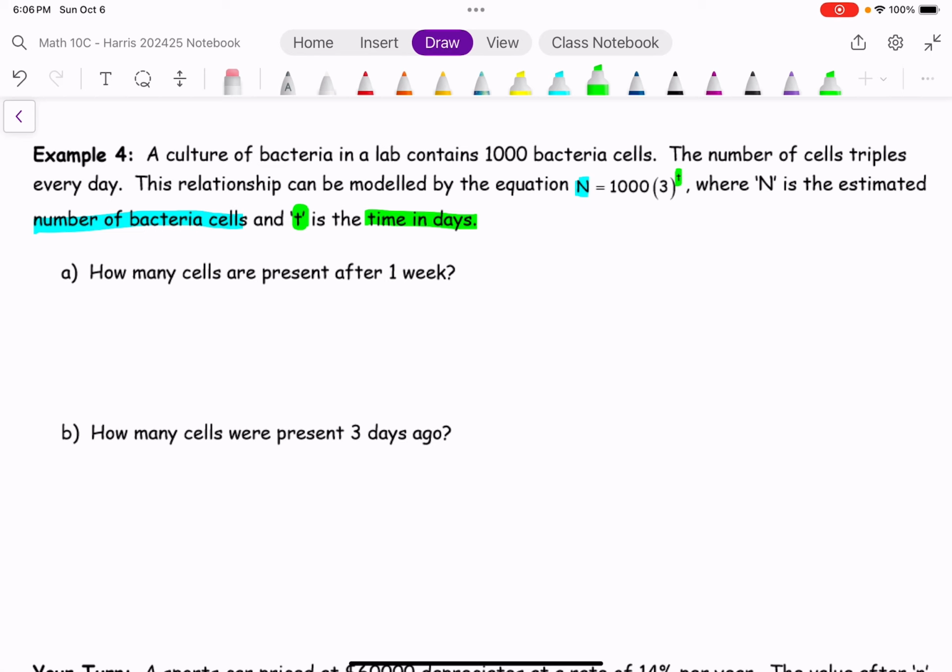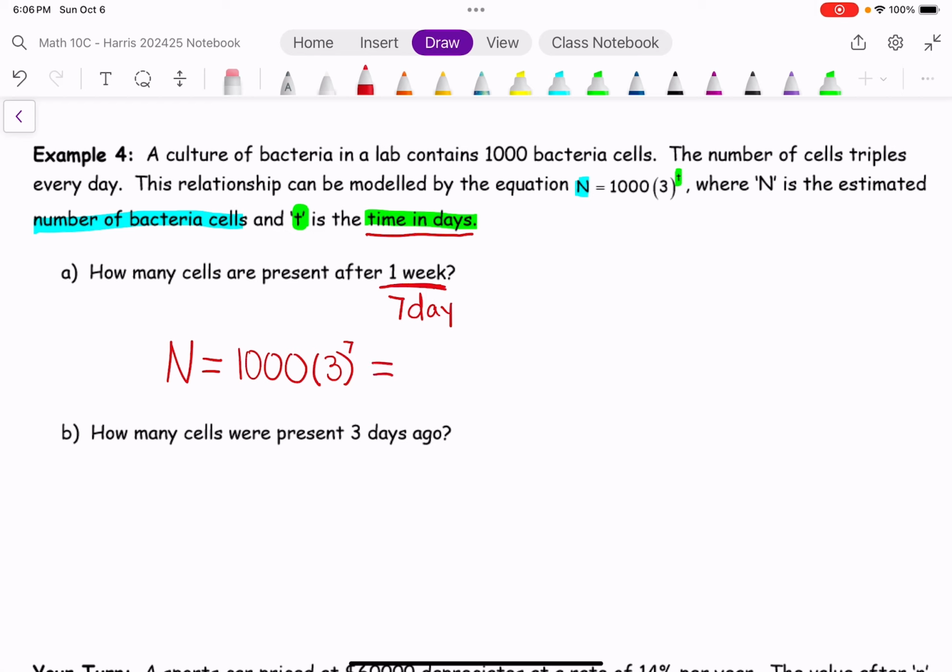If it says that it's the time in days, I need to think, well, how many days are in 1 week? Well, that's 7 days. So I'm going to rewrite this equation. I have n, which is what I'm trying to solve for, is equal to 1,000 times 3 all to the power of 7 for that total 1 week.